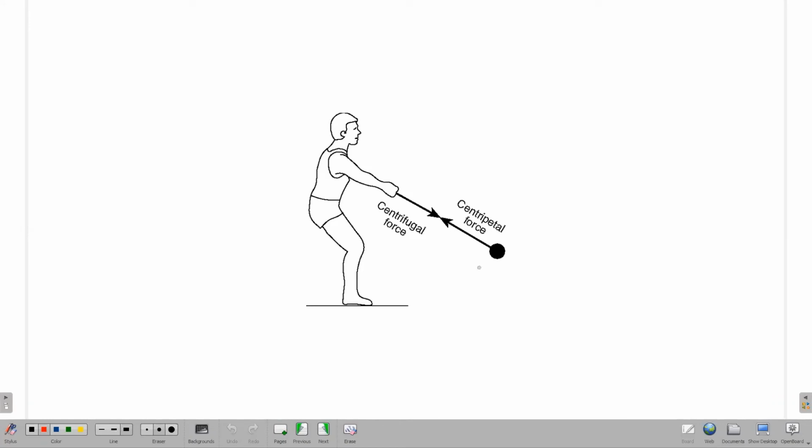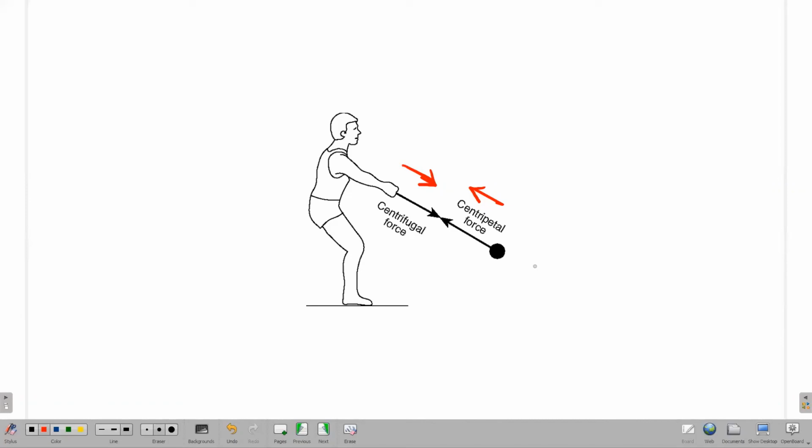So whilst the mass is trying to pull in this way, we are also pulling in this way. The outward pull is what we call the centrifugal force, and it only exists as an equal and opposite reaction to the centripetal force, as I said earlier.